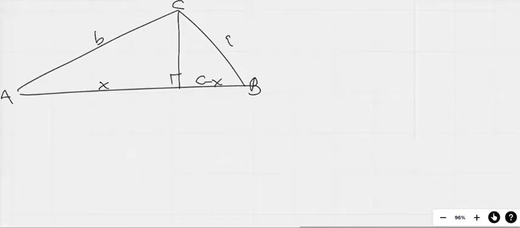Okay, so now we can see there are two right triangles, the 1 and the 2.